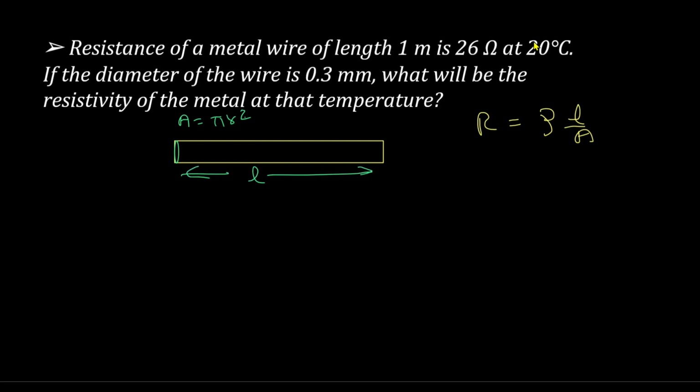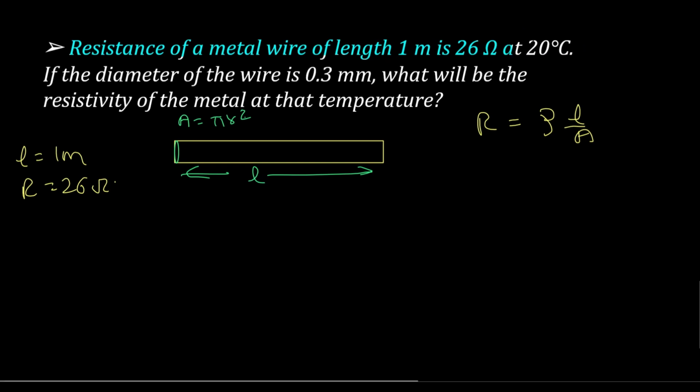Now let's read the question. It says the resistance of a metal wire of length 1 meter. So I know that the length is 1 meter and the resistance is 26 ohm. Temperature will not have any significance in this question, although the resistance depends upon the temperature.